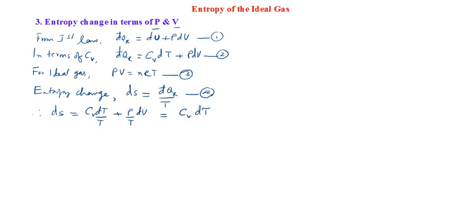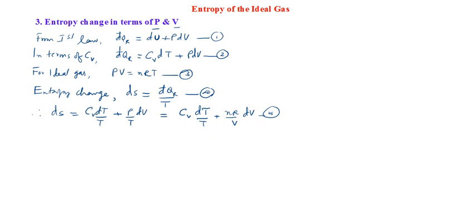What is P by T equal to? nR by V. Can you substitute as nR by V? So I am writing this as nR by V dV. Let me say that this is my equation number 5 for the time being. So just modified. Now let's see how it will be of use to us.